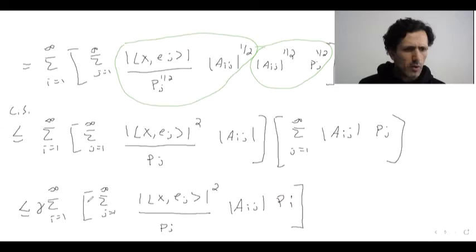Okay, so sorry, we only need Cauchy-Schwarz once. I'm going to interchange the sums now, and there's absolutely no issue in doing that because everything is non-negative.